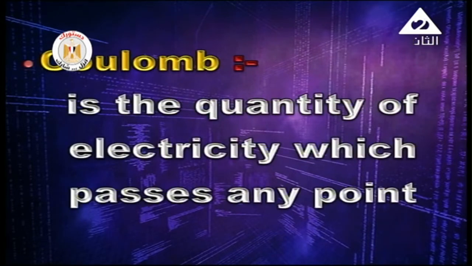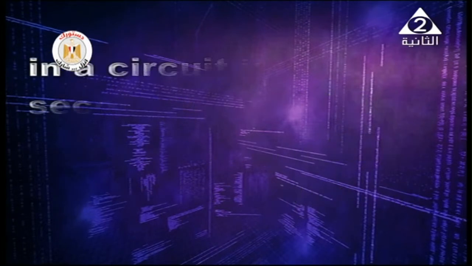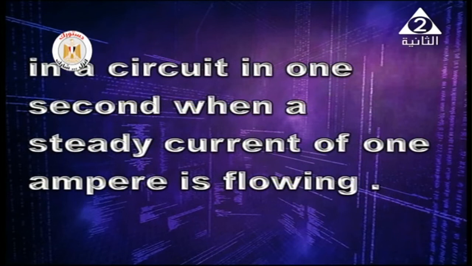It is the quantity of electricity, or the amount of charge, which passes any point in a circuit in 1 second when a steady current of 1 ampere is flowing. This was the definition of the coulomb.